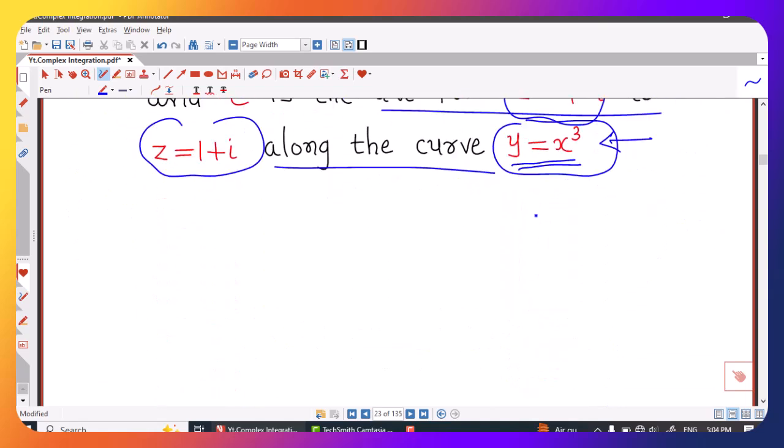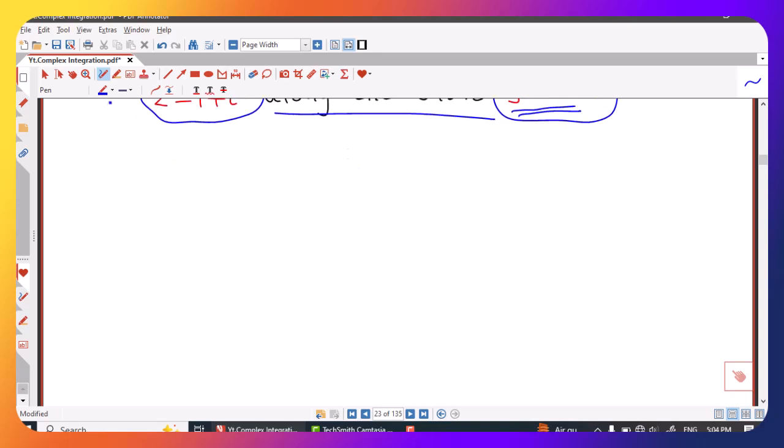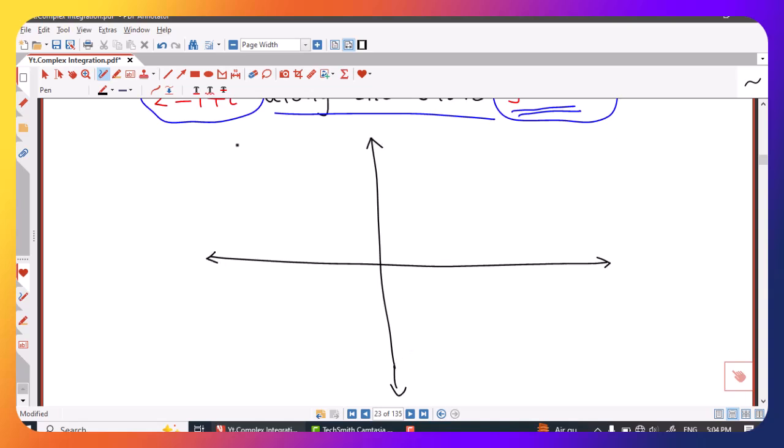So our curve is in between these 2 points. First we roughly sketch this curve. We are familiar with the graph of y equal to x cube. It is the graph which is in the first and third quadrant, and it looks like this. We are already familiar with this curve.